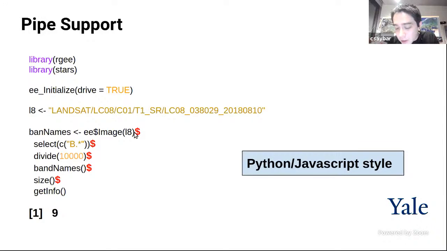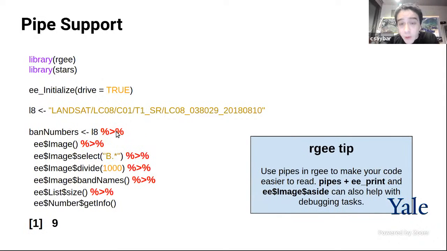But remember, you always need to change the dot in R for the dollar sign. So I think this is the Python JavaScript style to chain different methods. But if you are a pipe user like me, you probably also want to use the pipes. It's also possible to use pipes with RGE.